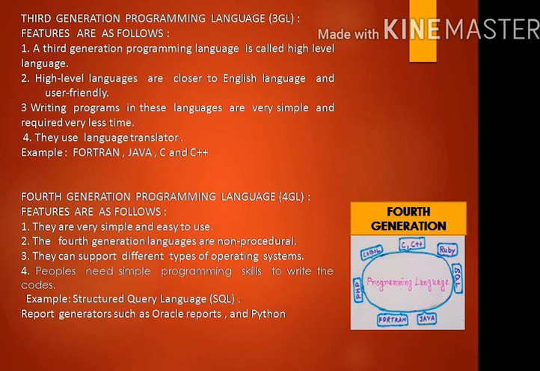Number 4. People need simple programming skills to write the codes. Example: structured query language, in short SQL, report generators such as Oracle reports and Python are the examples of fourth generation programming language.